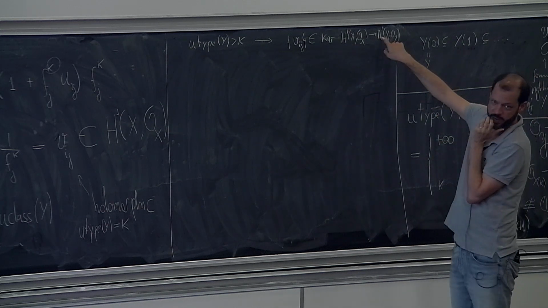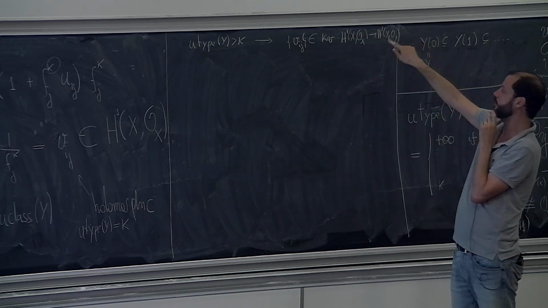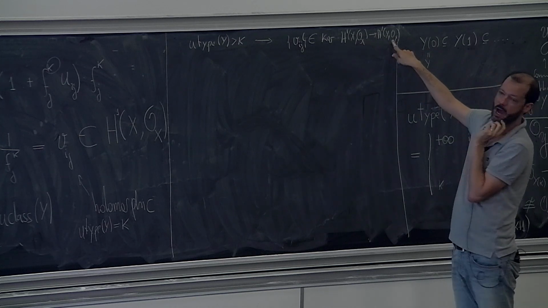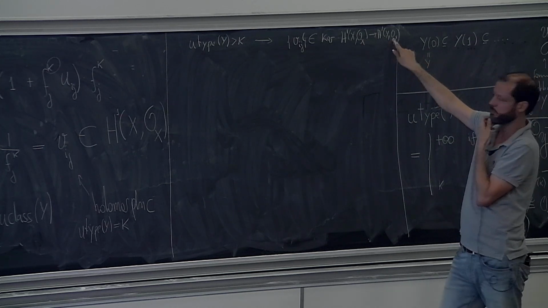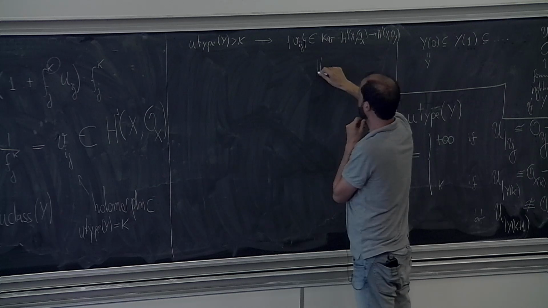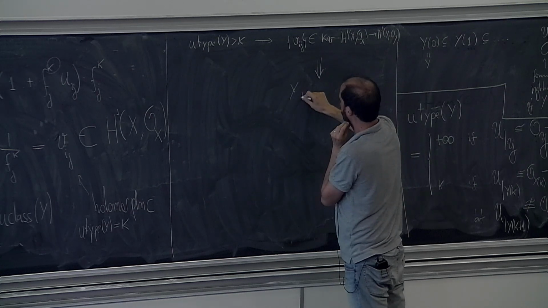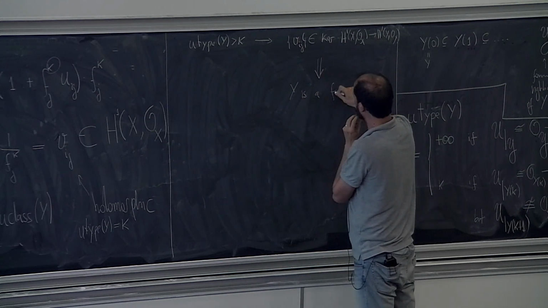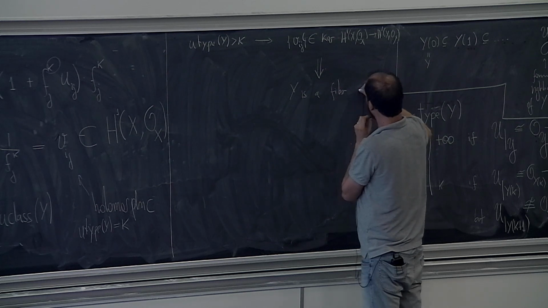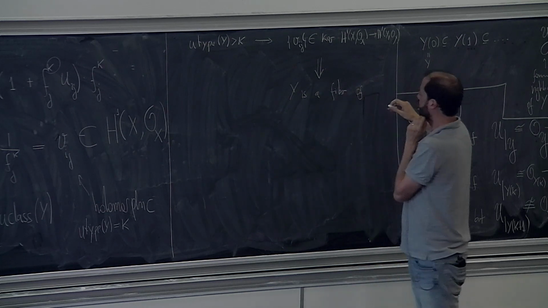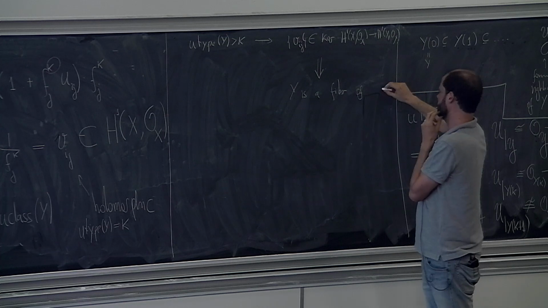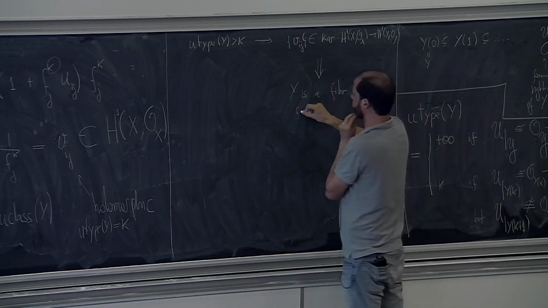And we saw last time at the very end that in this situation, Y is a fiber of the fibration, and this is the canonically associated foliation.